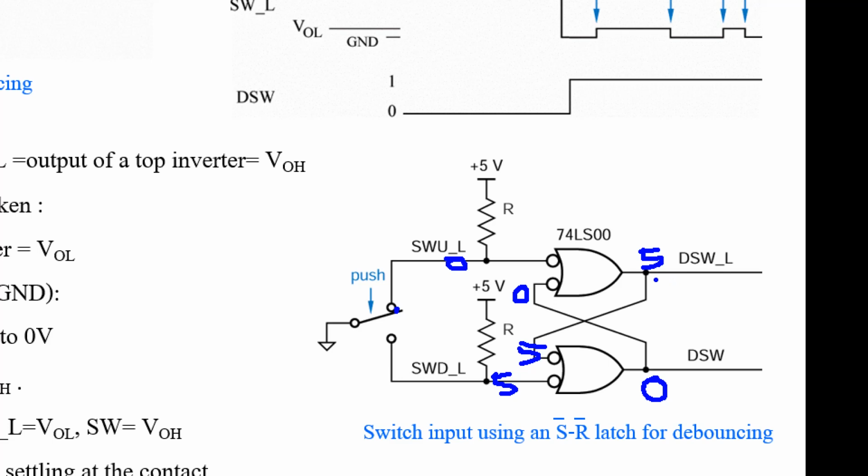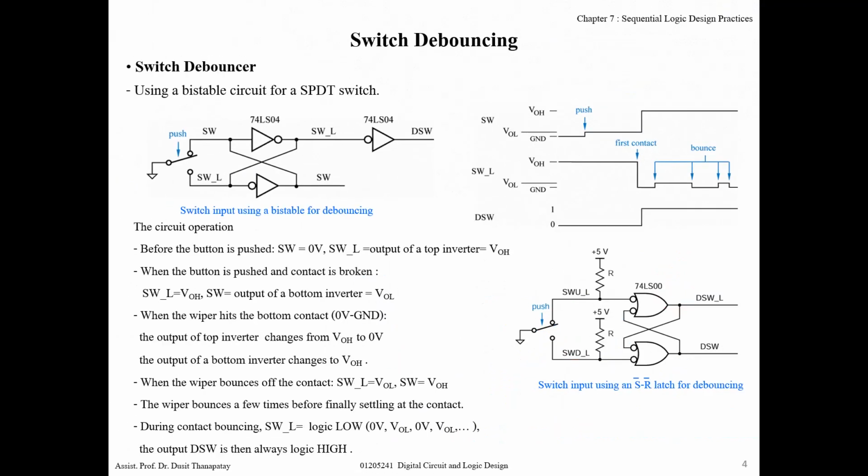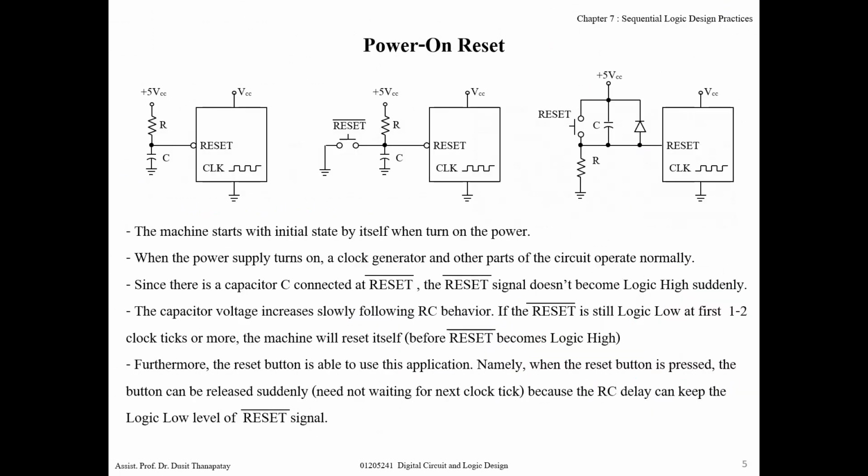And when this contact moves and touches this one, note this point is not connected directly to the output of the logic gate, so you can prevent the logic gate damage by the large current. Okay, this is the solution.